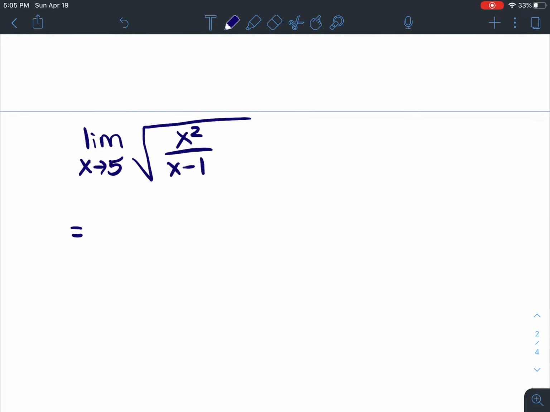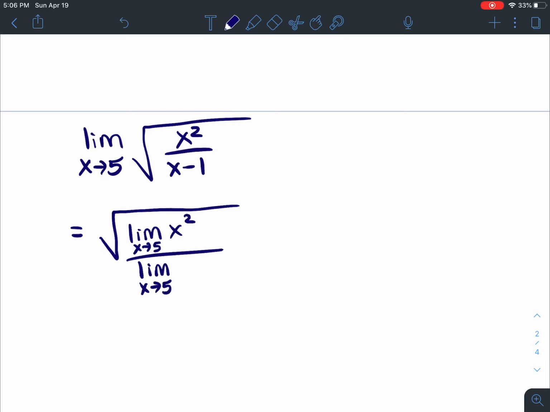Let's take the limit of the top as x approaches 5, and the limit of the bottom as x approaches 5.